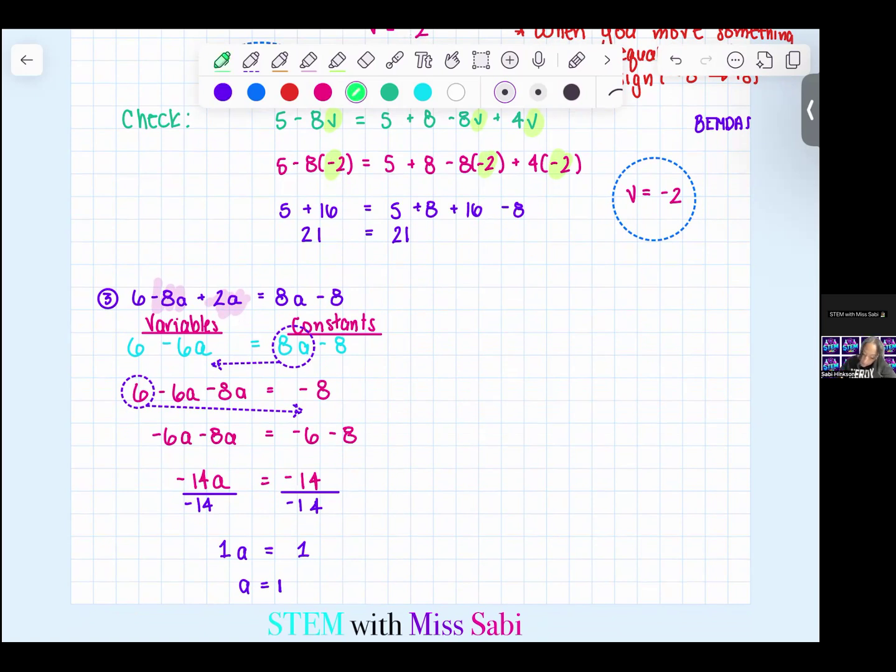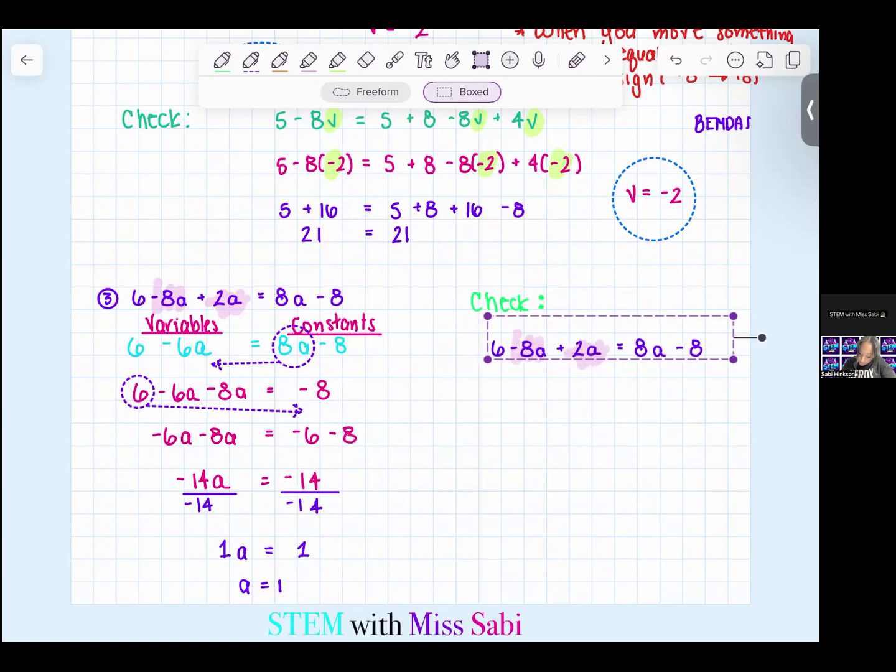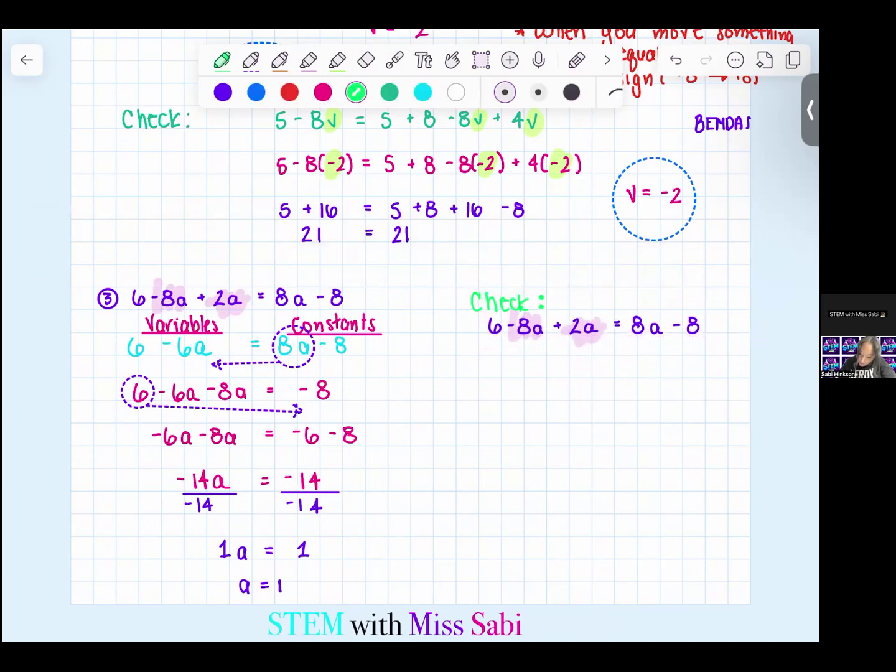Now I'm going to check, right? I'm going to check to see if my answer is right. So what does that mean? Just going to copy this expression over here. Okay, so check. So a is equal to 1. Wherever I see a, I'm going to replace it with 1.